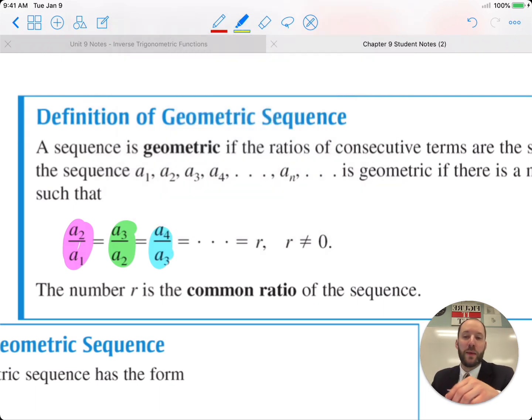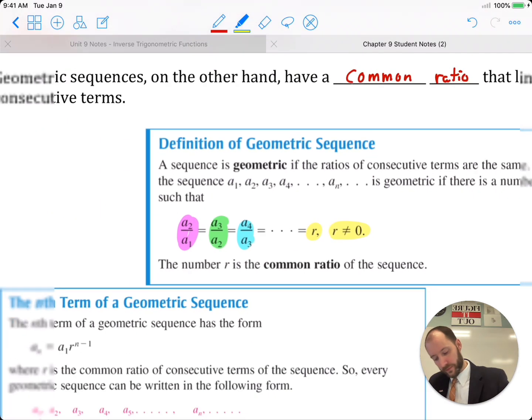If you get the same answer every time, you have r, which is a common ratio. Just be aware that r cannot equal 0. That would be a very boring sequence. Now r could be 1, that's slightly less boring. It's different, but kind of the same. It can happen, but it's still very boring.